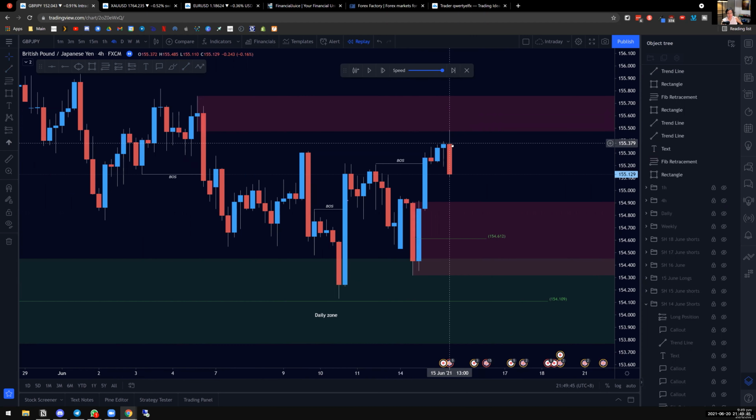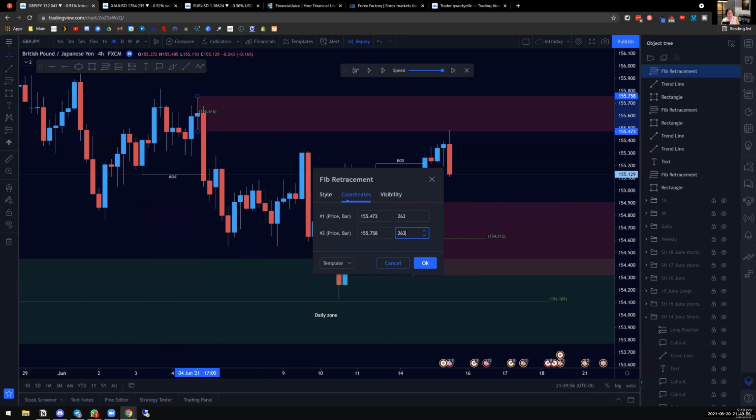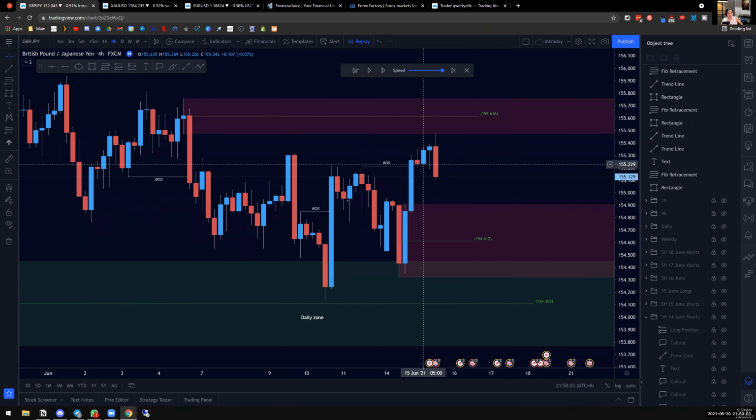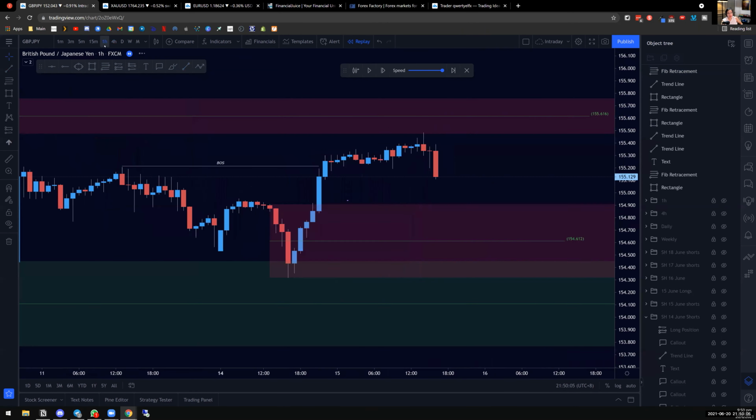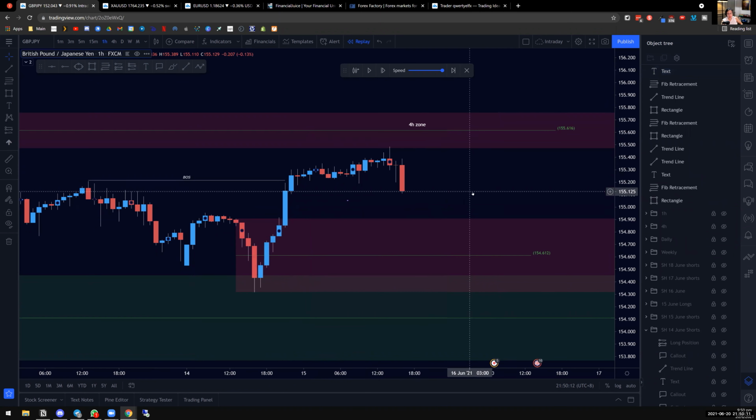Okay, so when this rejected, this was the one that I missed because I wanted price to come in a bit deeper, I think 616. This was quite badly missed, quite sad. If we look at this area, even before this candle formed, the 1-hour already gave us signals to take shots because this is a 4-hour zone. Price tapped into the zone on the hourly and created lower highs.